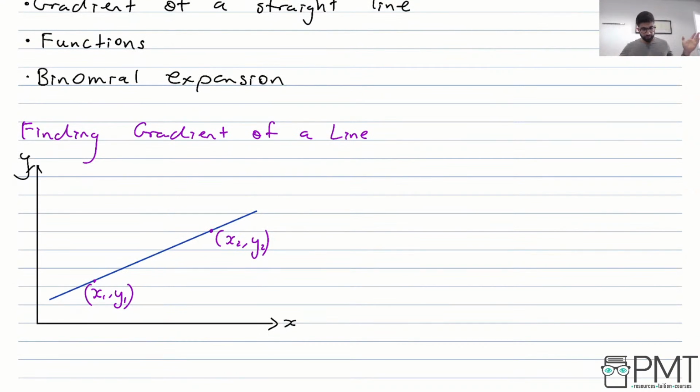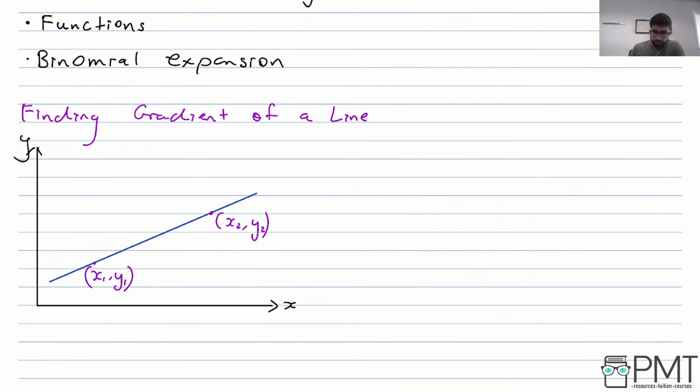Suppose we have a straight line. I have got 2 points on the line that I know, x1, y1 and x2, y2, labeled with general x coordinates and y coordinates. Can anyone tell me how we can find the gradient of this straight line? I will call it m.